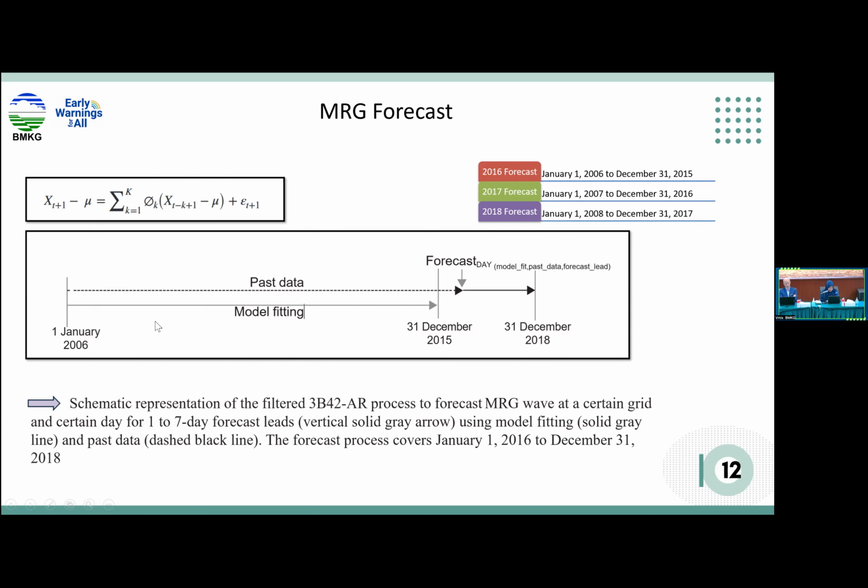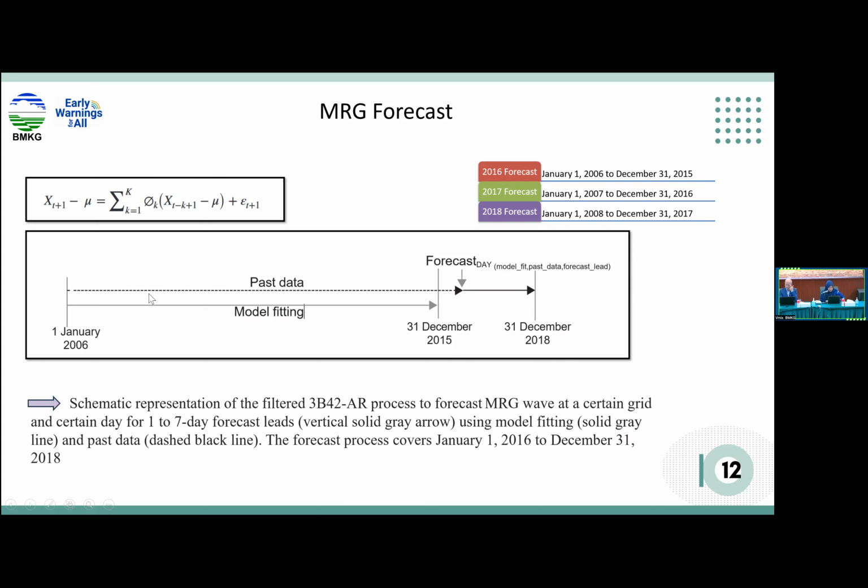I run the forecast. So we still use filtered wave data, and we divide it into separate parts for model fitting and also for past data, and this is the forecast day. So for model fitting, we use data from January 2006 until December 2015.